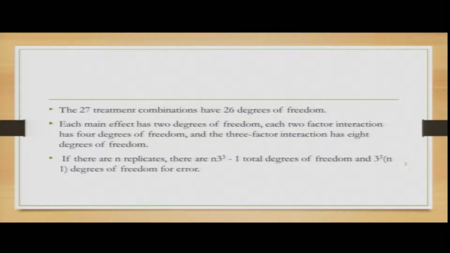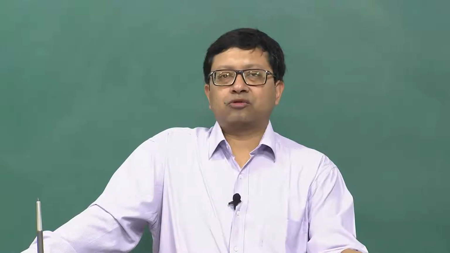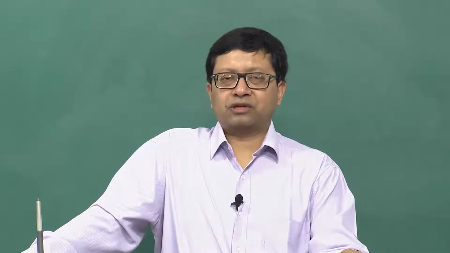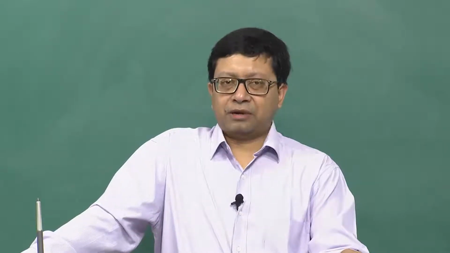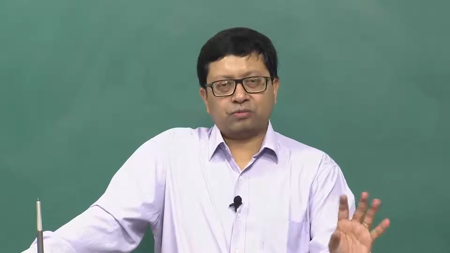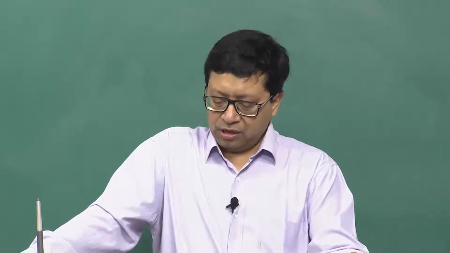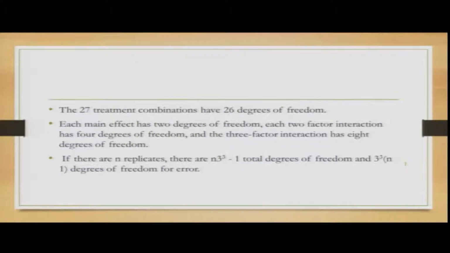If there are n replicates, that means you are replicating it n times, the total number of degrees of freedom would be n times 3^3, that means 3 factors at 3 levels, multiplied by n number of replicates, minus 1 because you will always lose 1 degree of freedom. The total degrees of freedom for the replications would be given as 3^3 (n minus 1), depending on the combinations you are going to take.